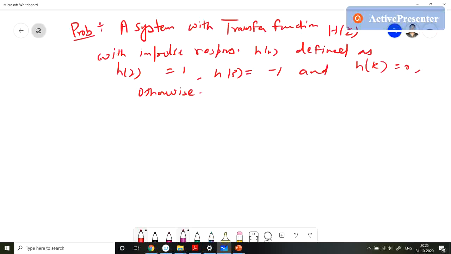So we have h(2) equals 1, h(3) equals -1, and h(k) equals 0 otherwise.